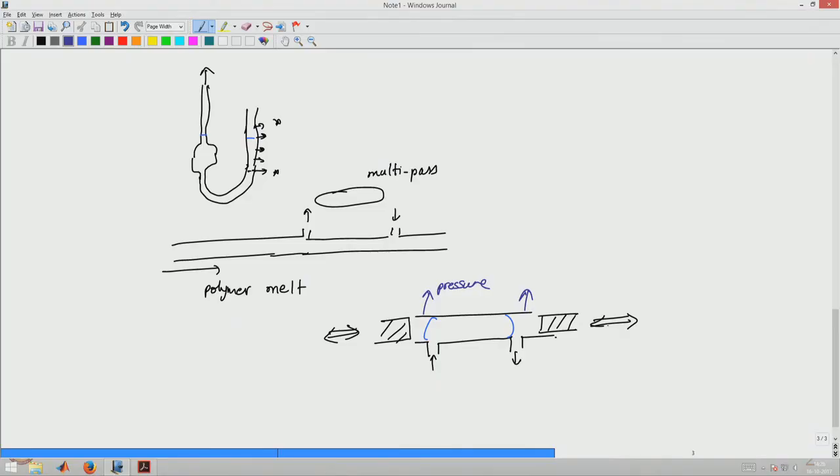In this case, it is possible to do a viscoelastic measurement, because the pistons can also do an oscillatory motion. So, it is possible to do oscillatory or steady motion of pistons, and actually do a viscoelastic measurement.